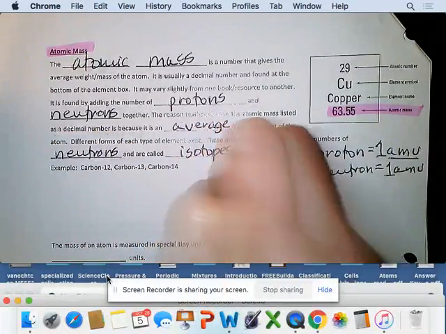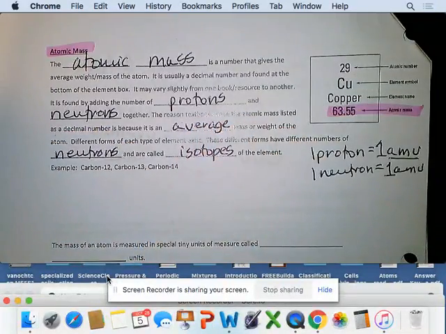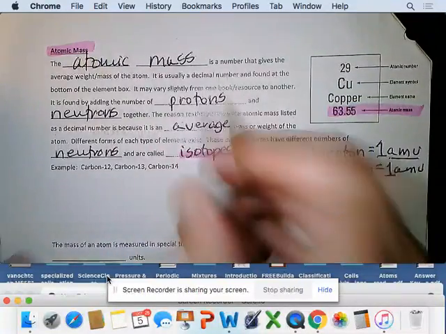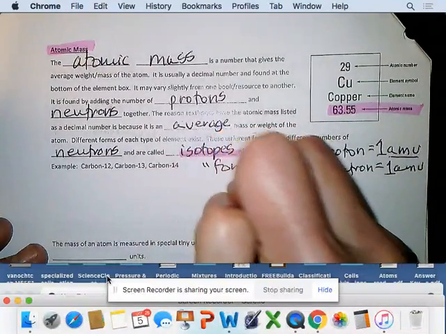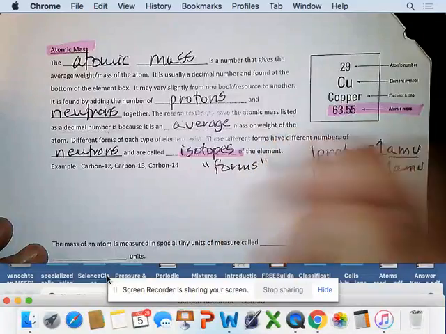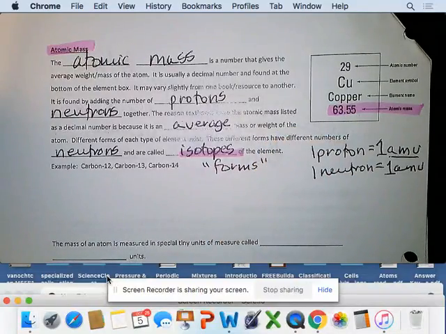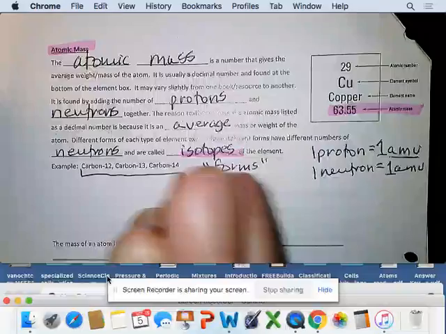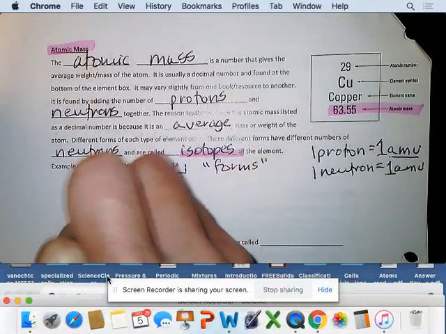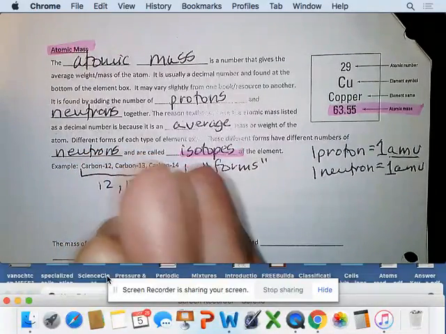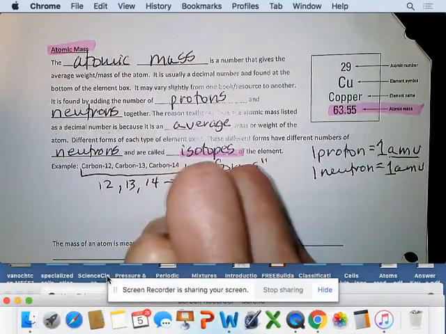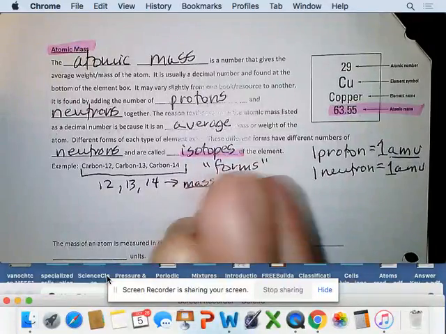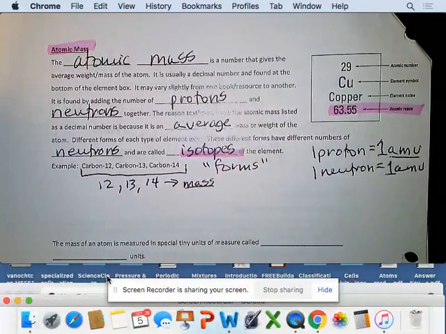So if you had to memorize one word to go with the vocabulary term isotope, think form. Different forms of the same element.